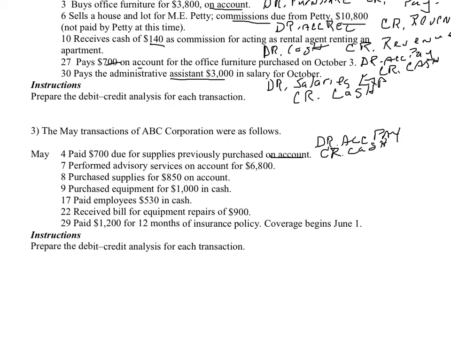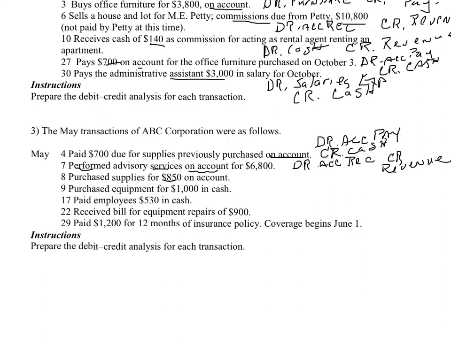My cash also goes down. On May 7th, I performed services, so it's a credit to revenue. Now, did I get cash? No. It's on account. So it's debit, accounts receivable, and credit, revenue. Every time I perform a service.